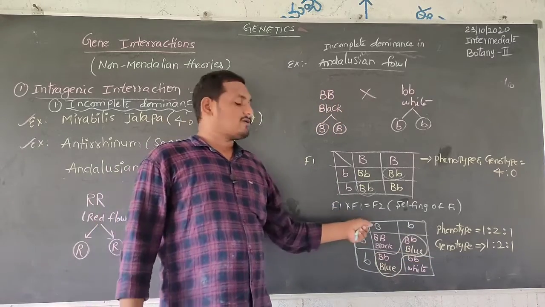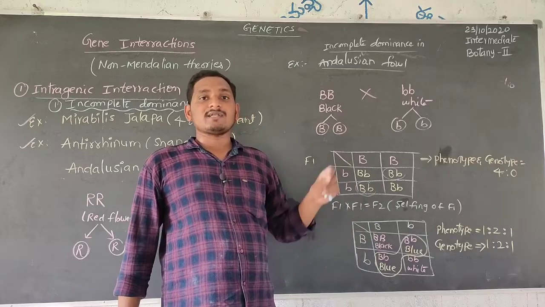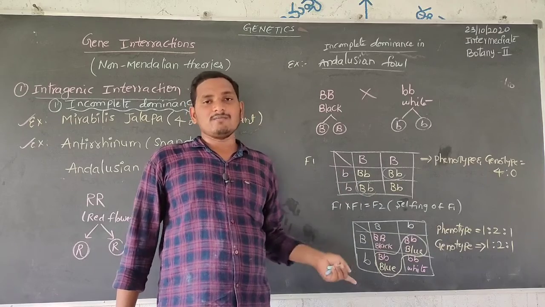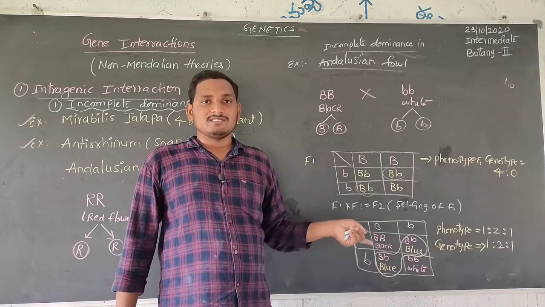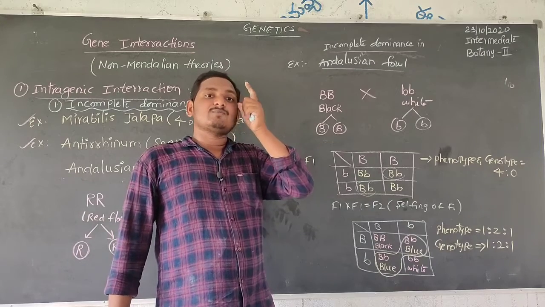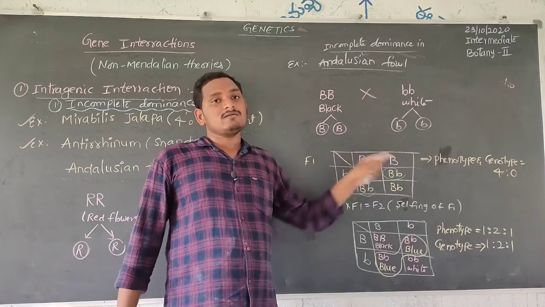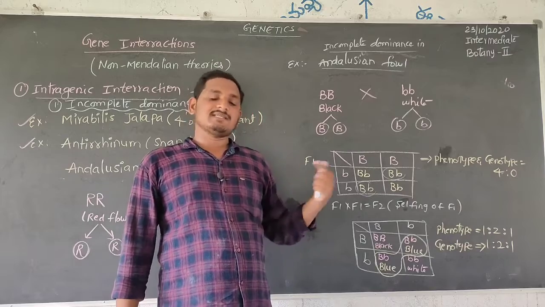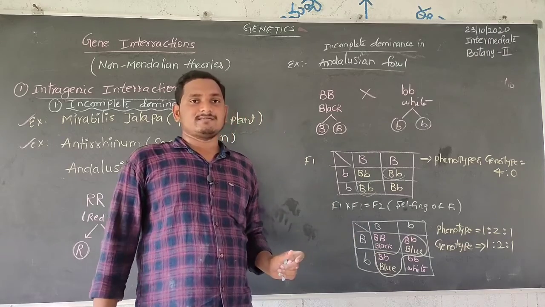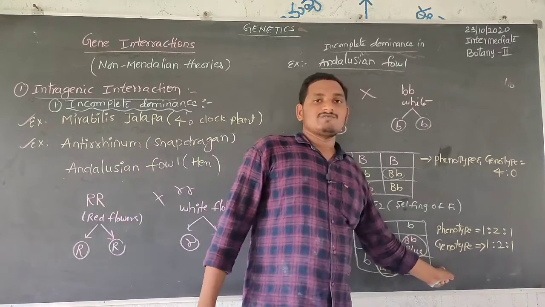Why? Because the dominant gene does not express its character completely, or the dominant gene is not able to express its character over the recessive gene. It expresses its character but incompletely. That's why in incomplete dominance we observe like that.